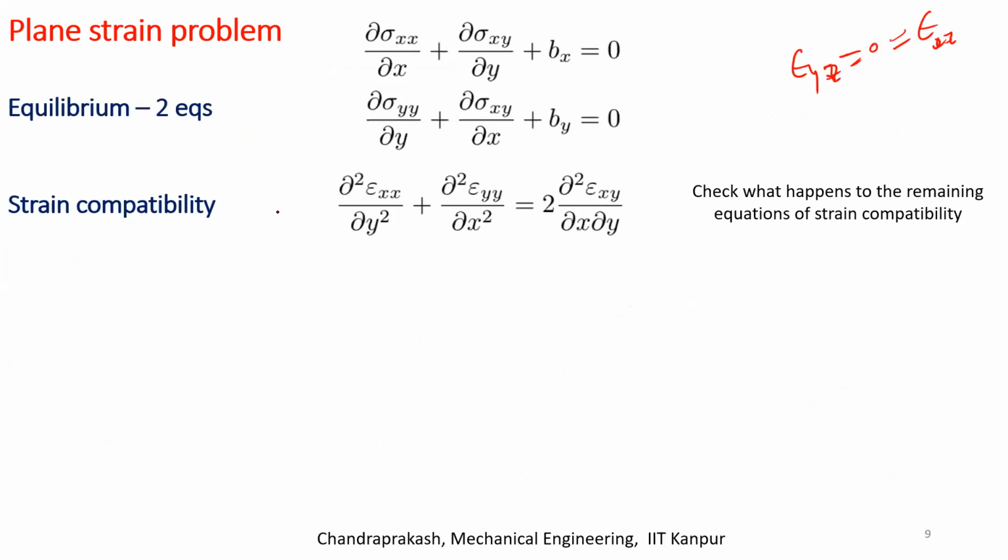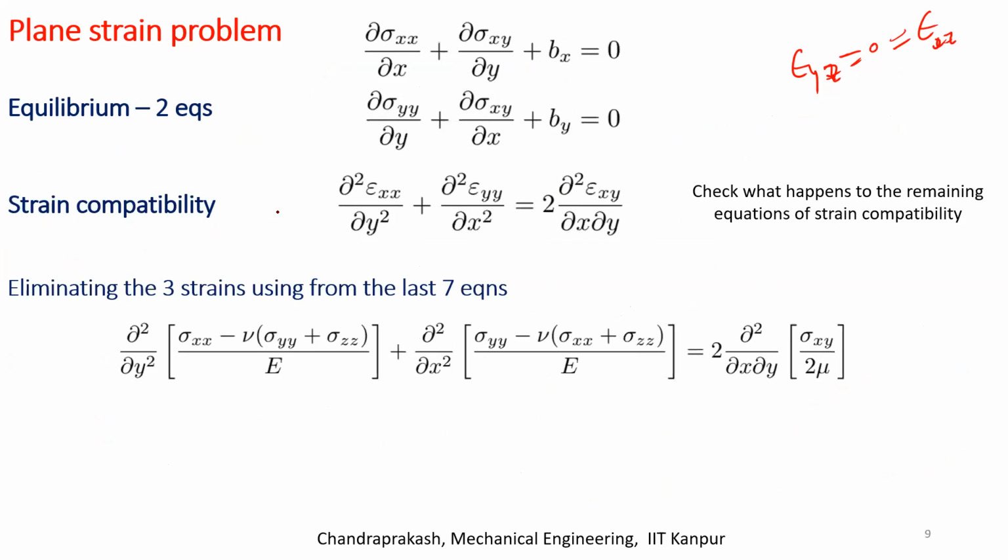So you do the same thing. Eliminate the 3 strains. And this is what I'm doing step by step. Like I declared in the very first introductory lecture, we will do the details wherever it is required. I'm eliminating the strains and substituting them in terms of the stresses. And now I'm defining what is called an Airy stress function.